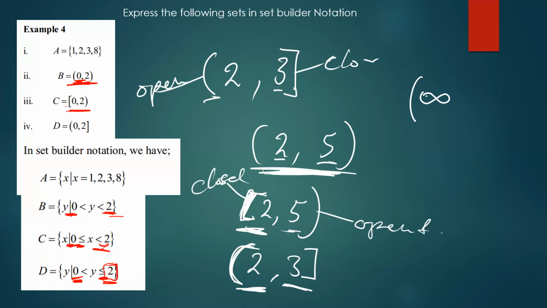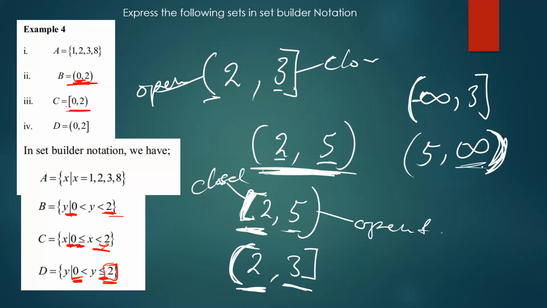Whenever you're dealing with an infinity symbol, there's always supposed to be an open bracket there. So this one is negative infinity. Even when it's positive infinity, on this side it's also supposed to carry an open bracket like that.